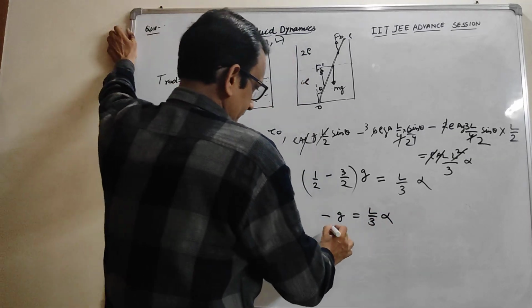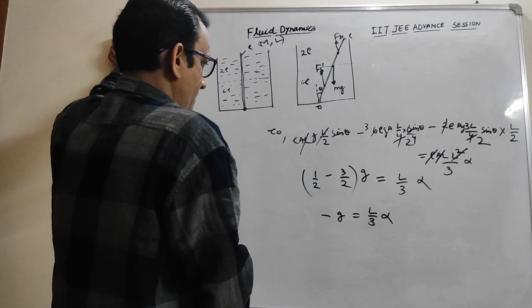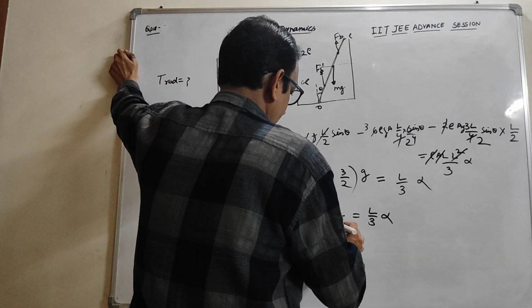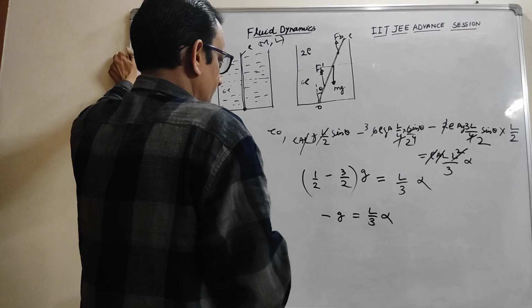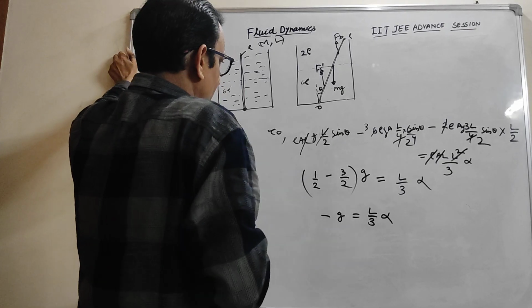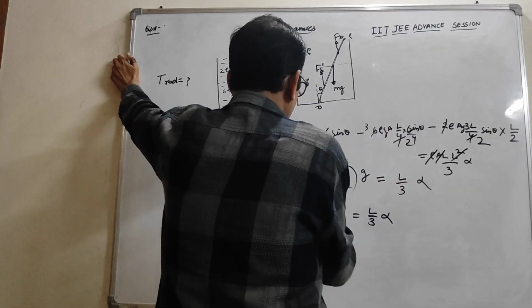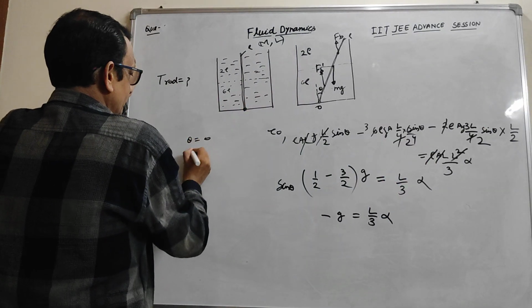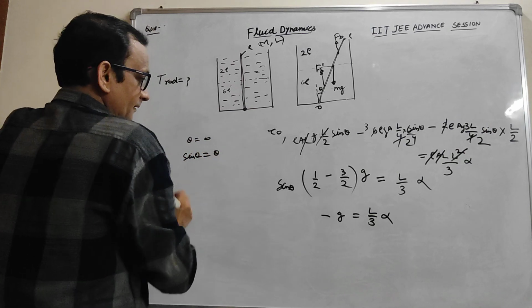and into theta, sin theta. Here sin theta is also, this is sin theta. So the angle is small, theta is approximately 0, sin theta is equal to theta.